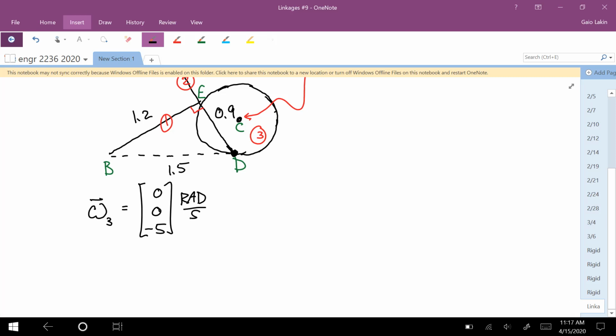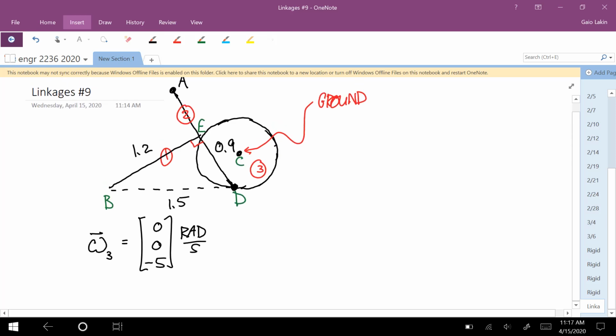We're not given those. Well, it turns out that in order for this thing to stay connected at the pins at E and D and C, B, all those pins, there's only one combination of angular velocities that's possible for body 1 and body 2, and we're going to have to calculate what that is. Okay.